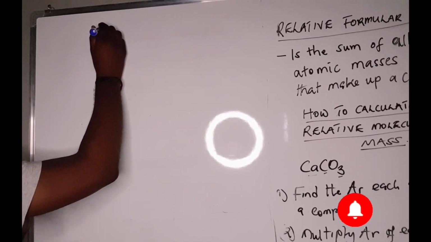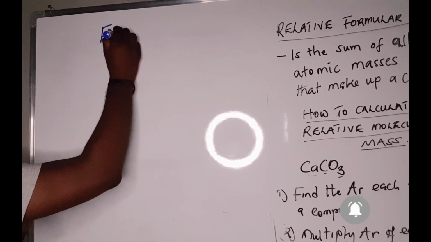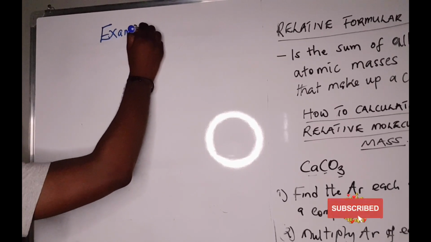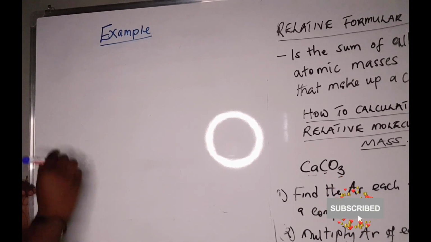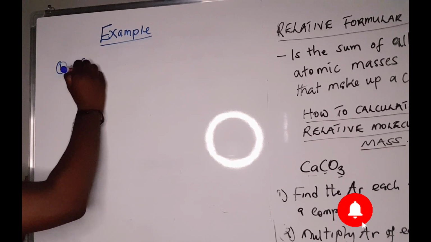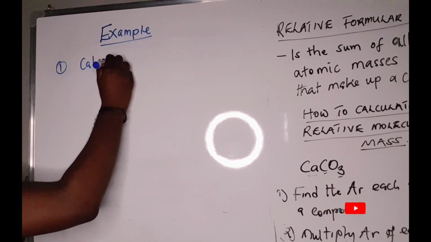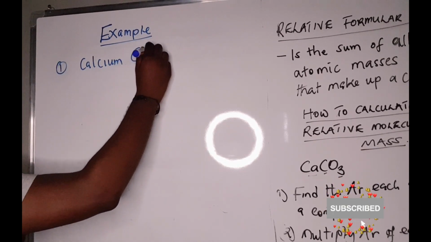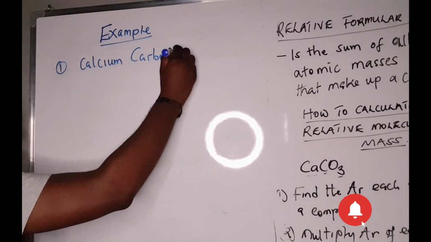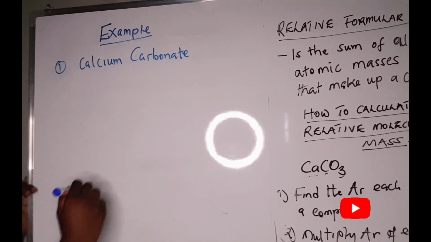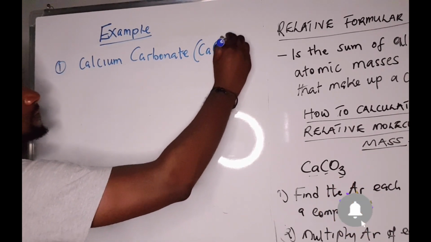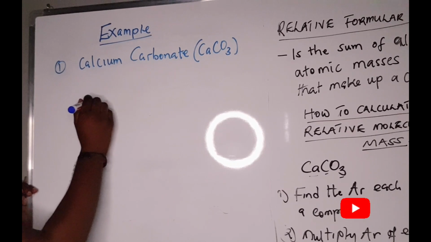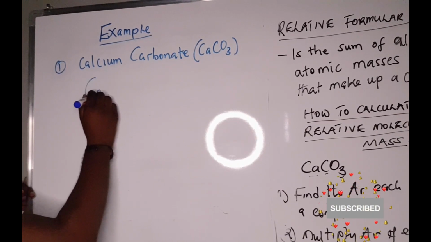Our first example here is calcium carbonate. So we write the chemical formula for calcium carbonate down here.